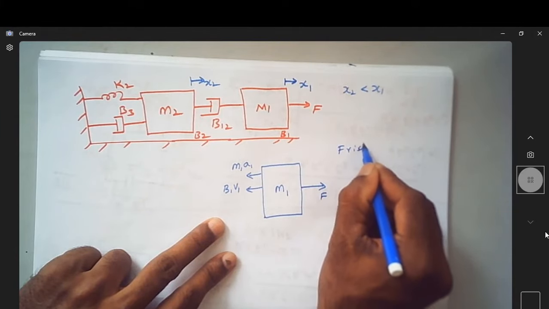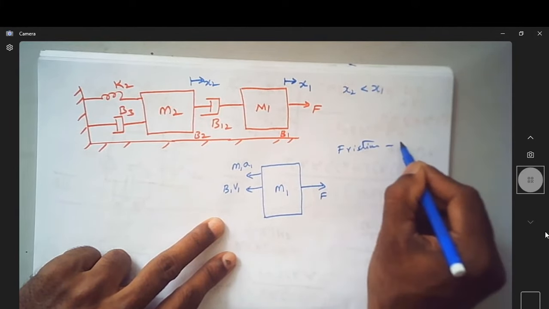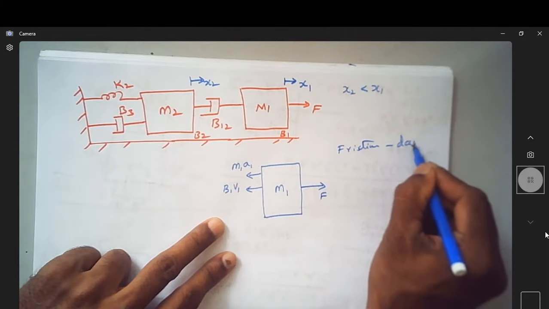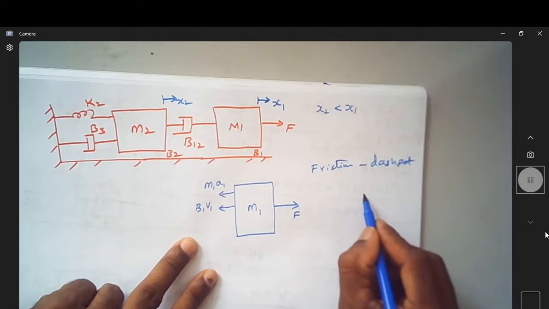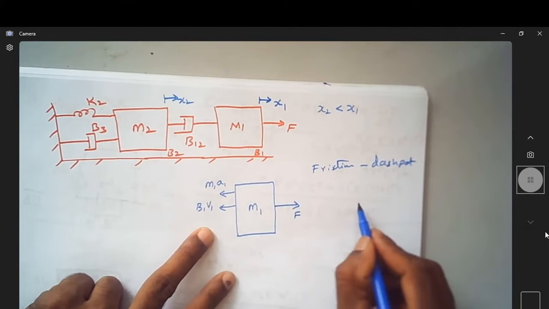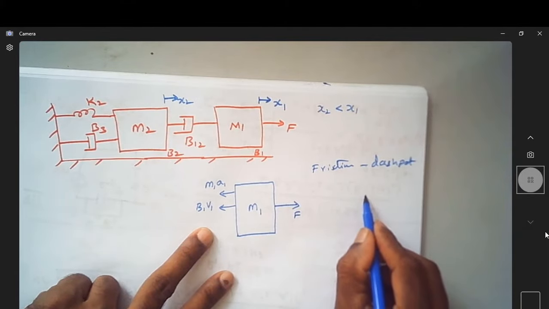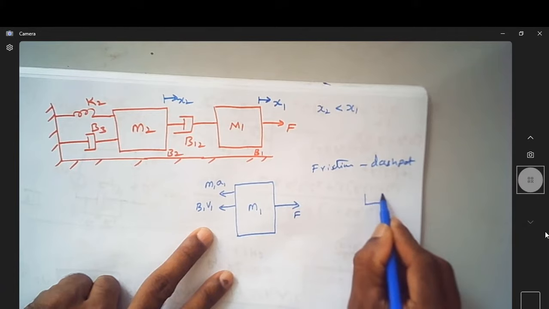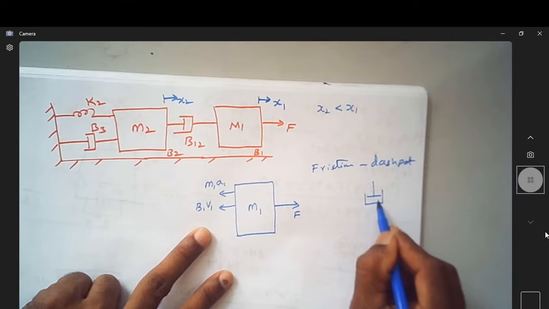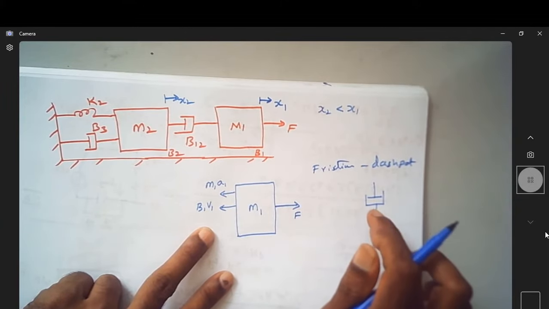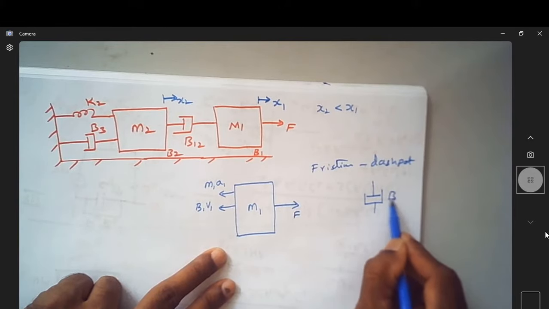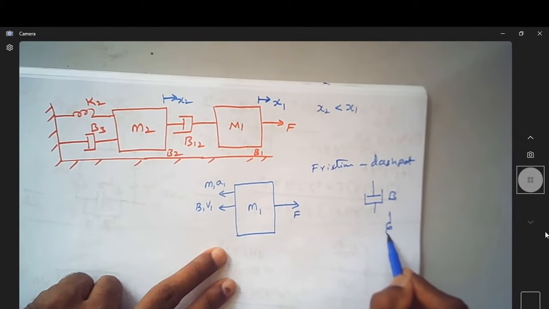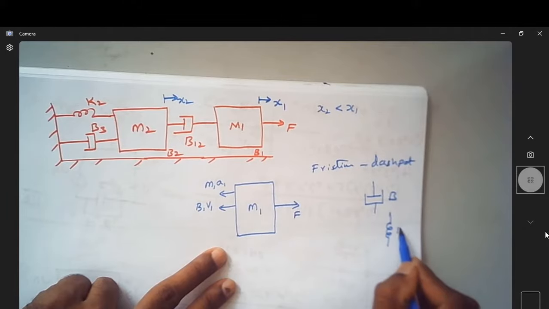This is friction, which we also call a dash pot. Friction is indicated by a cylinder and a piston, showing there is friction on this particular surface. This is how friction is represented. A spring is represented using a coil type of structure, and of course this is the mass.